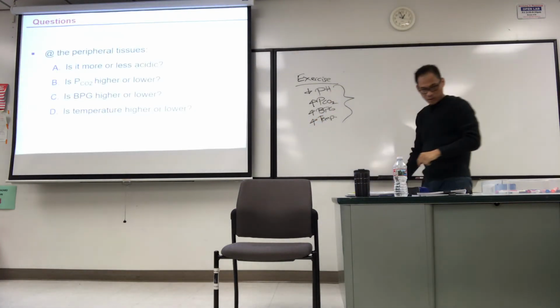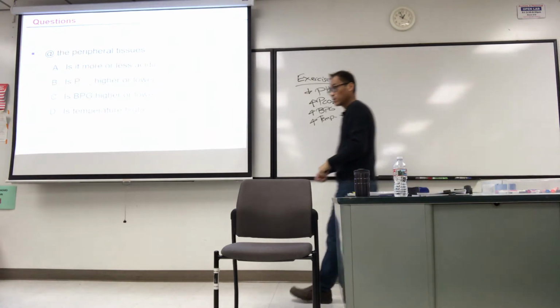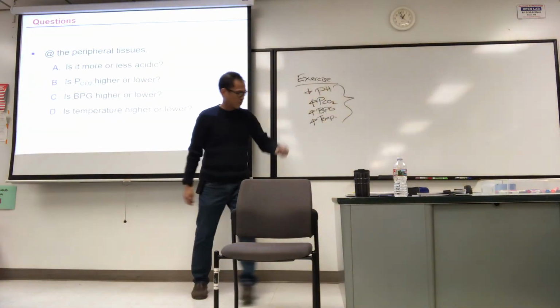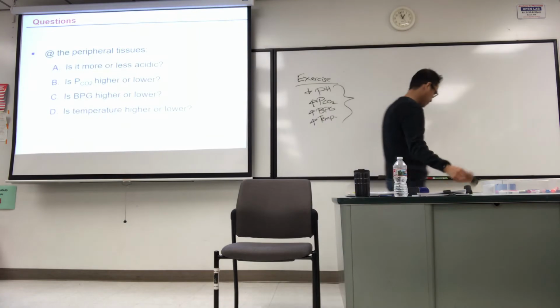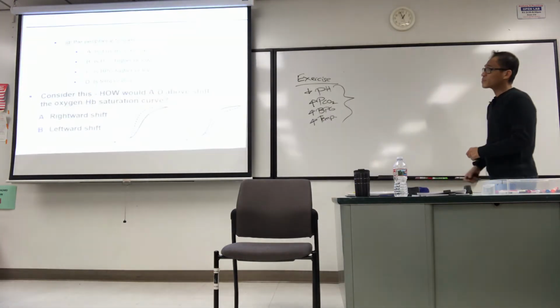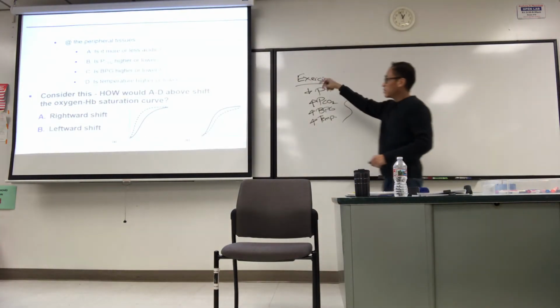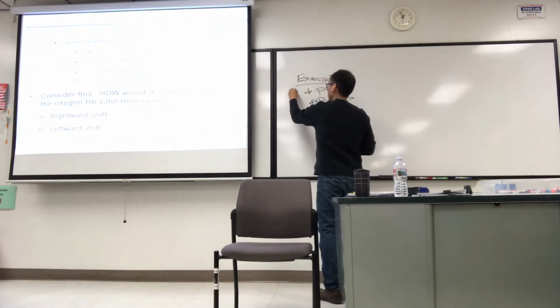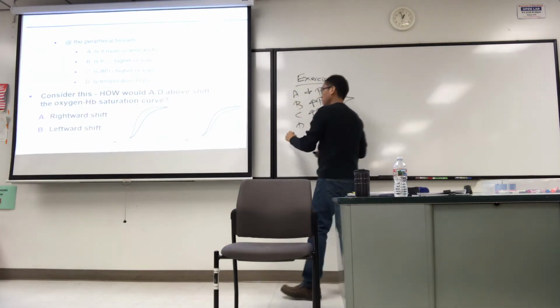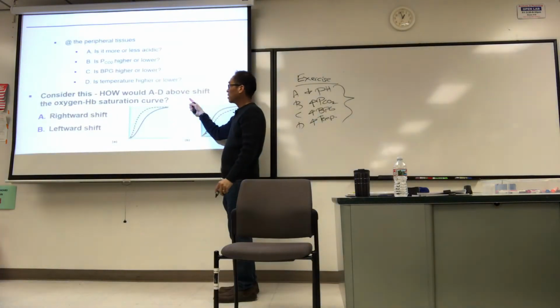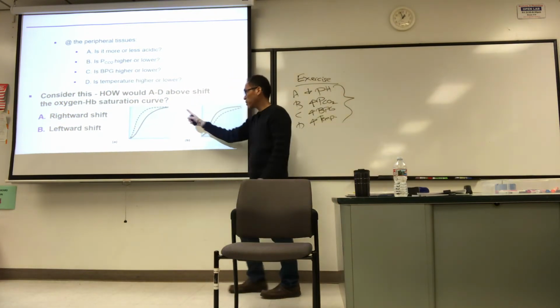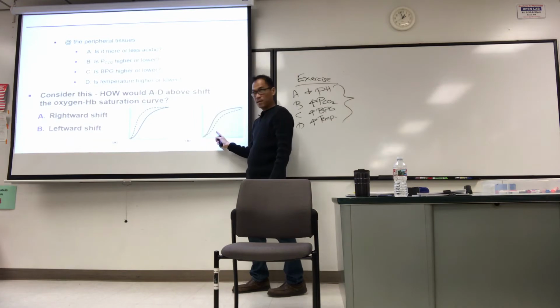And what I had said was, let me advance my slide. So those four things, I say A, B, C, D. How they change during exercise. How do they shift the curve? Which one is correct, the A or the B?